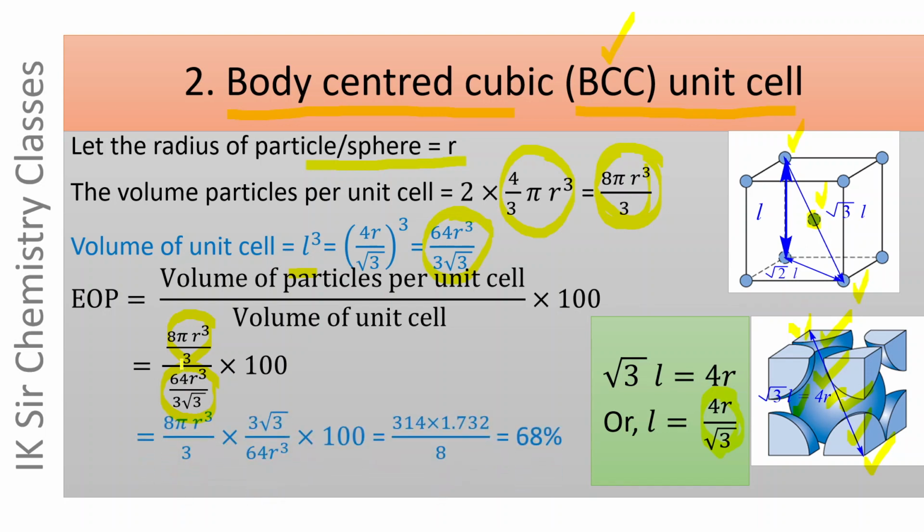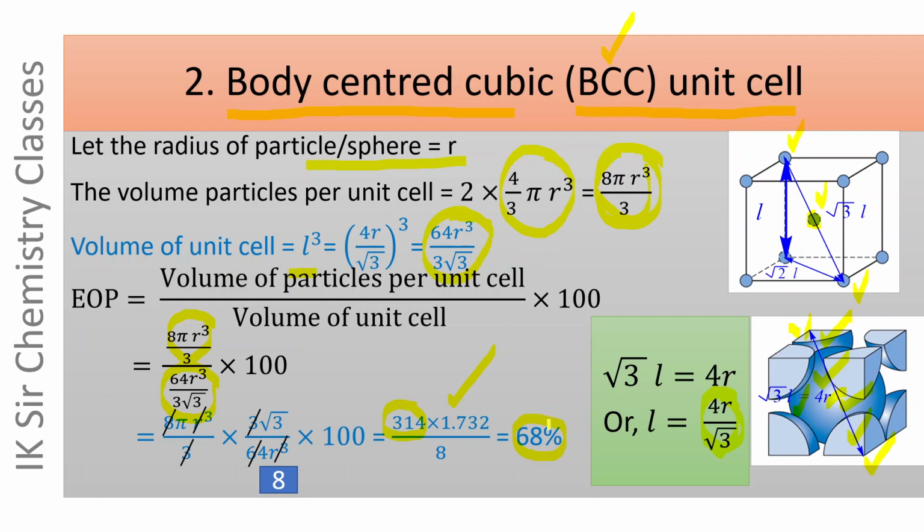On solving it, we get 8 pi r cube divided by 3, multiplied by 3 root 3 divided by 64 r cube, and multiplied by 100. 3 will be cancelled out. 8 and 64 will be cancelled out by 8. r cube will be cancelled out, and it will be equal to pi into 100, that is 314, multiplied by under root 3, that is 1.732, and divided by 8, it is equal to 68%.